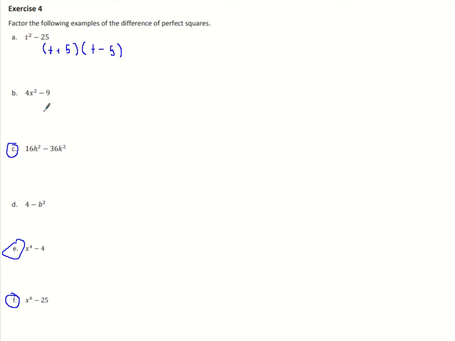For B, we should have, maybe not as easily, but definitely still gotten 2x plus 3, 2x minus 3.